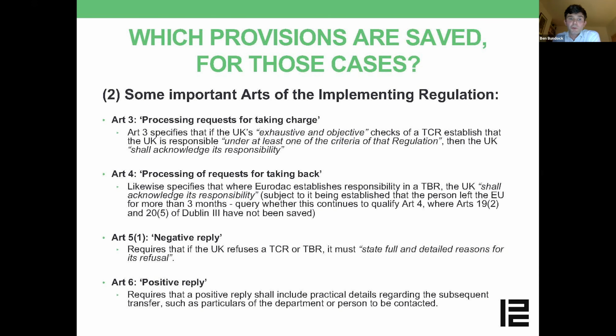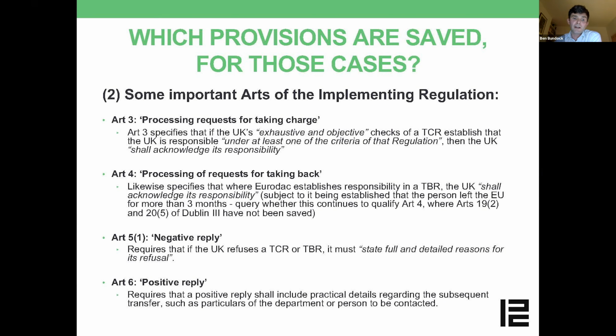Then also preserved are some important articles of the implementing regulation. And these really are what give bite to the provisions. Because Articles 3 and 4 of that regulation are what require the UK, if, having reviewed all the evidence, it decides that it is responsible, to acknowledge its responsibility. So it's what gives the criteria effect.